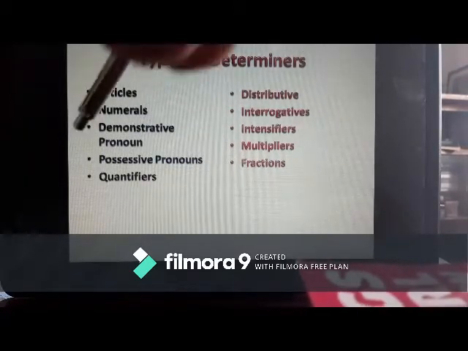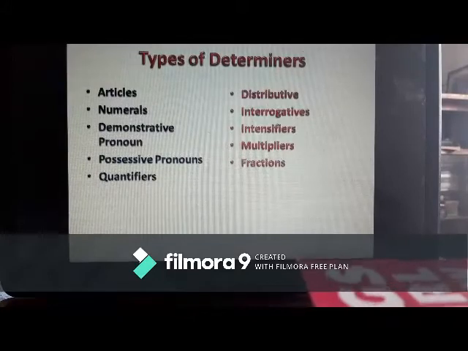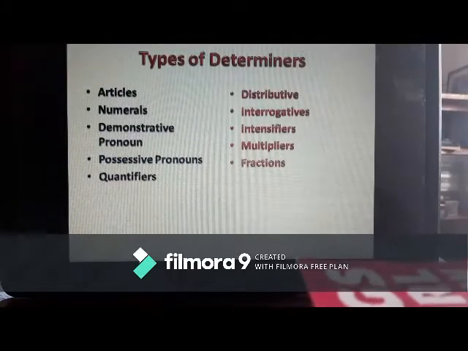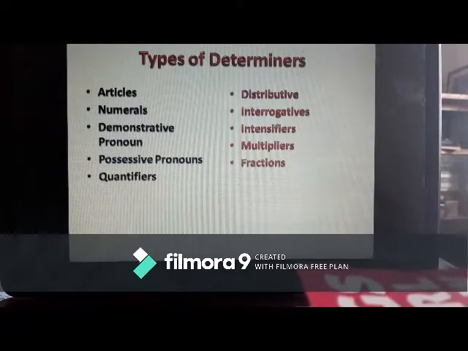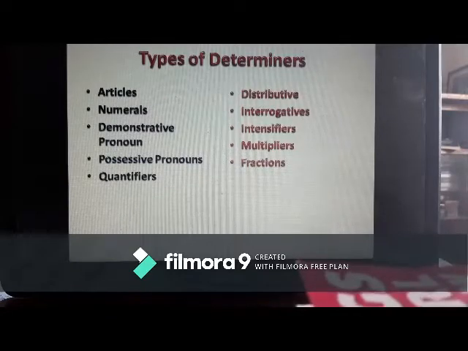Okay, so demonstrative pronouns. What are demonstrative pronouns? These are also called demonstratives or demonstrative pronouns. This, that, these, those, where we demonstrate something by seeing it. It has a reference to the context.